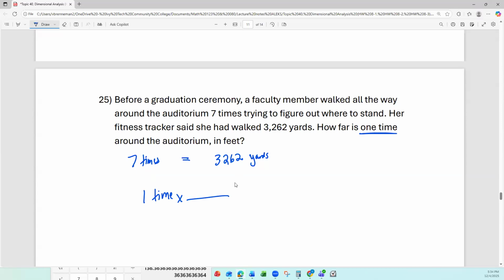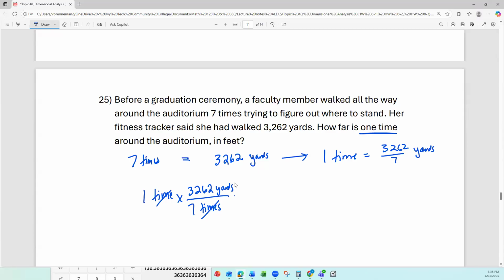And then I'm going to use this statement of these two being equal to put that in a conversion calculation. So 7 times on the bottom, 3262 yards on the top. Now you might just figure out, all right, if 7 times is 3262 yards, then one time is 3262 divided by 7 without using the dimensional analysis process, and that's fine. But then we do want to convert. So that would be in yards.